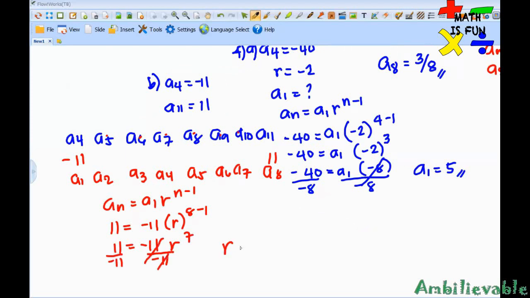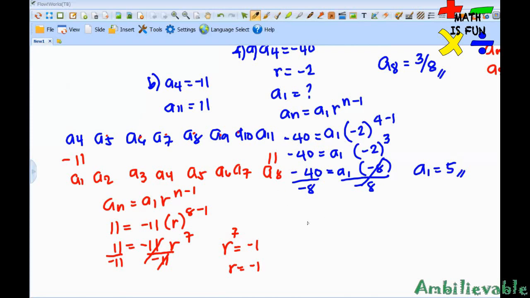So r raised to 7 equals negative 1, right? So if r is negative 1, the 7th root of negative 1 is negative 1.